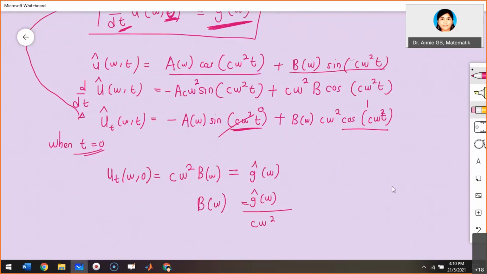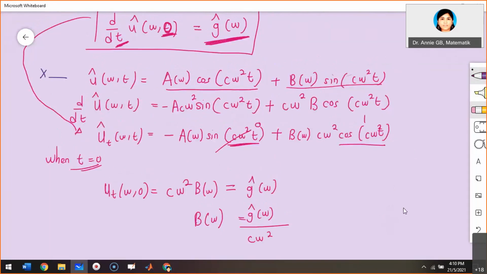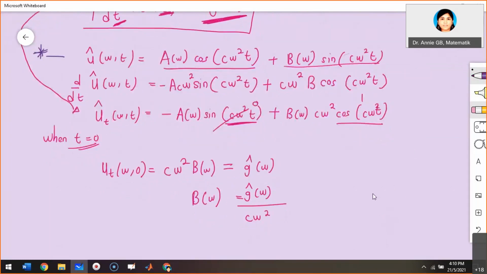Okay, kita dah ada A, kita dah ada B. So, masukkan dalam equation saya yang sebenar tadi. This is the original kan? Ni yang original. This is my original equation. So, my solution is, saya dah dapat A omega dengan B omega kan?